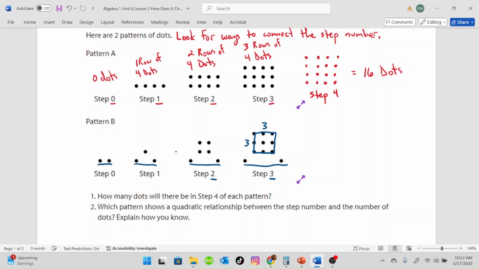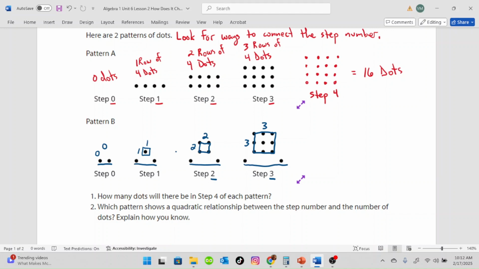And in step 2, I appear to have a square of 2 dots by 2 dots. In step 1, I could think of this as a square 1 dot by 1 dot, and then here I don't have a square at all, 0 by 0.